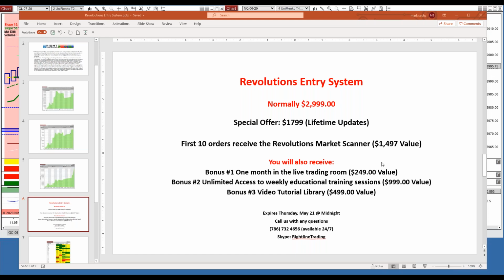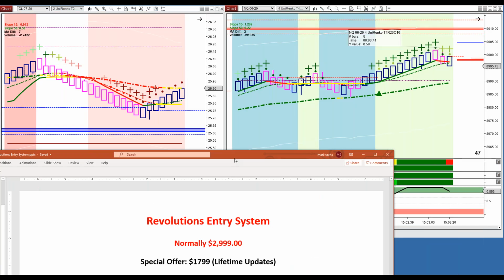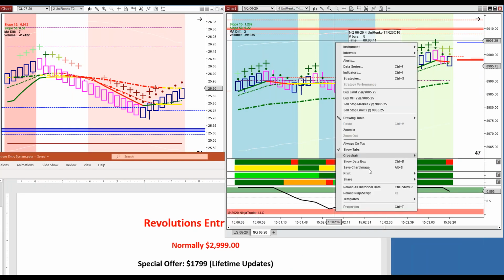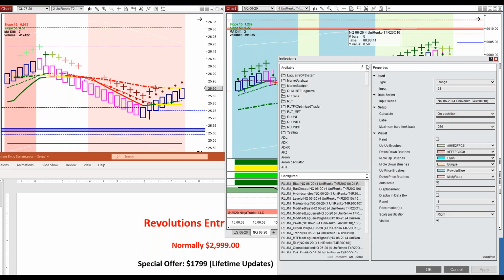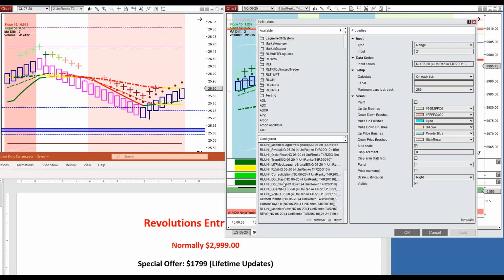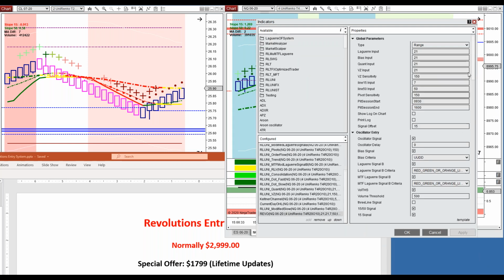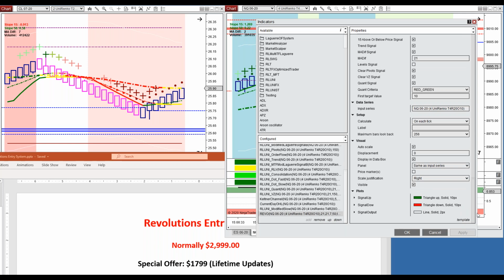Hey, Rogelio, which is the actual revolution signal? It's that triangle, Rogelio. That's what the signal is. You can change that too. I mean, it's really easy. If you go to indicators and you go down to the revolutions here, and you go all the way down.